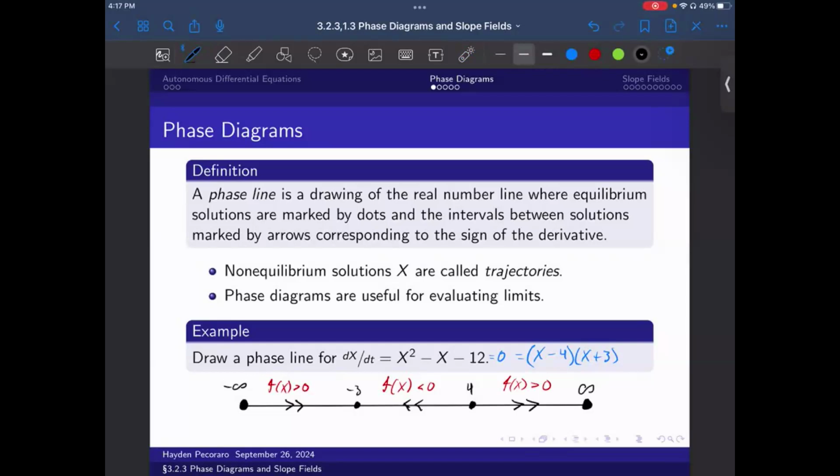And what this is telling me right here, I said it's useful for evaluating limits.